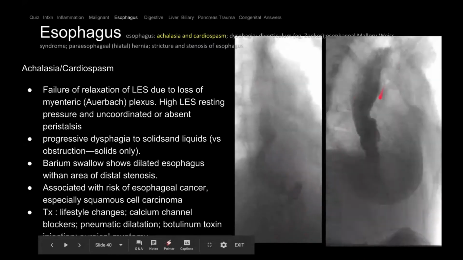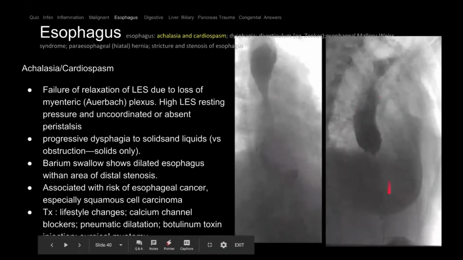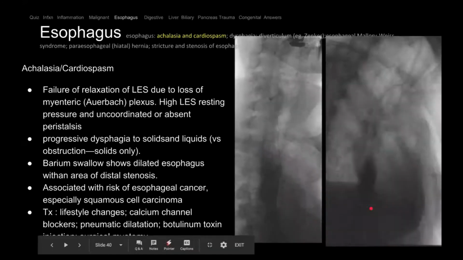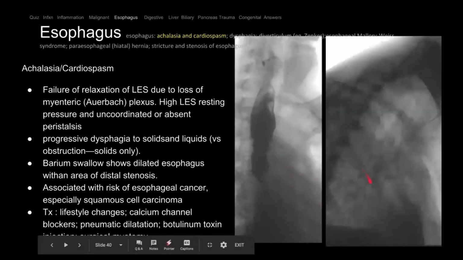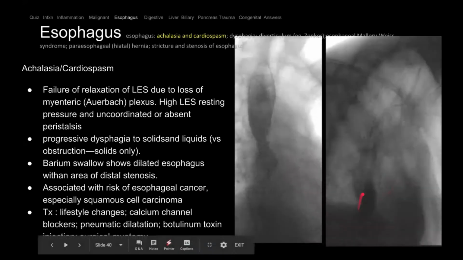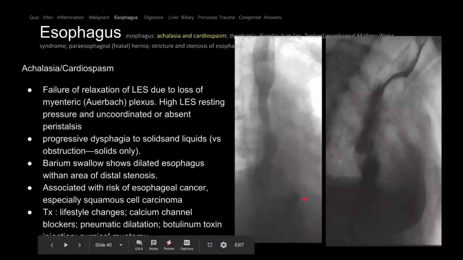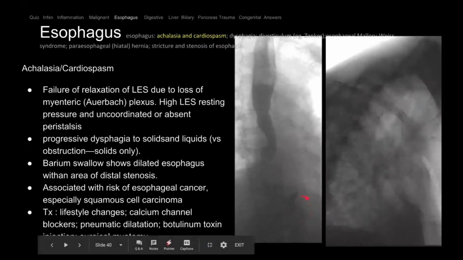Here's another patient with the same condition. They drink the barium, and there's a little trickle here at the GE junction, and it just stops here. So this is called achalasia. Achalasia is when the myenteric plexus is not working well, so the lower esophageal sphincter does not relax.